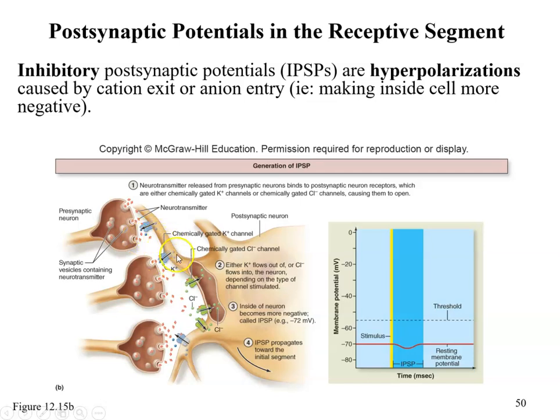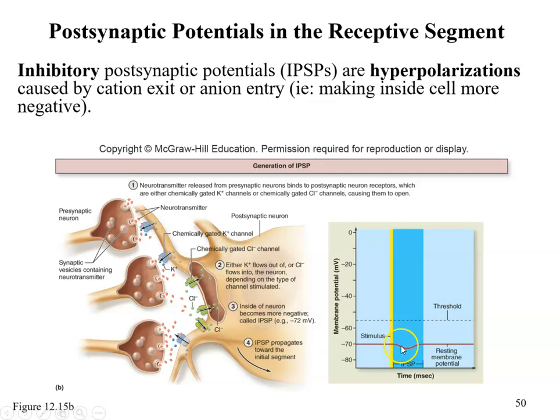They're binding to the chemically gated channels, and there's going to be an efflux, or an exiting, of cations or an influx of anions. That makes the inside of the cell more negative, and you can see that here with the decrease in membrane potential from the stimulus.